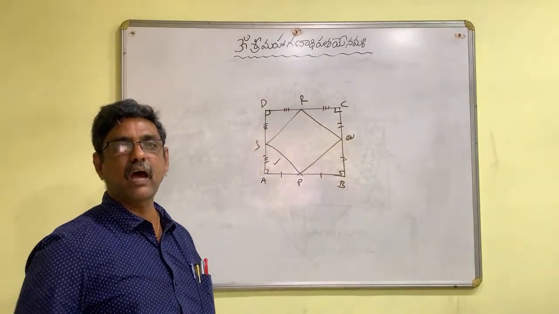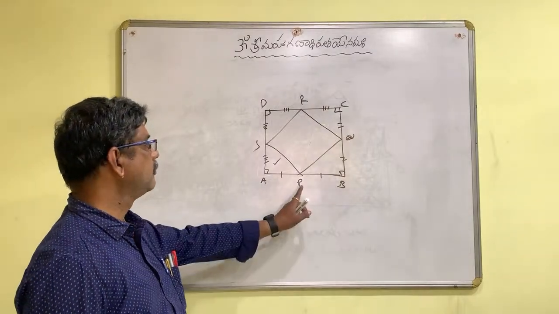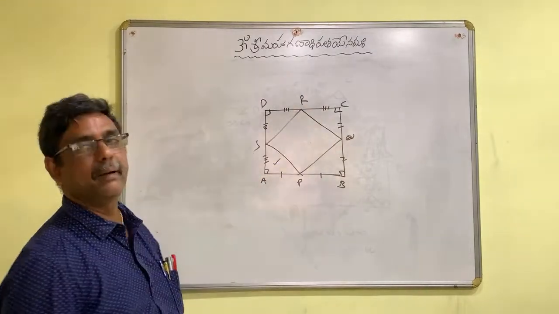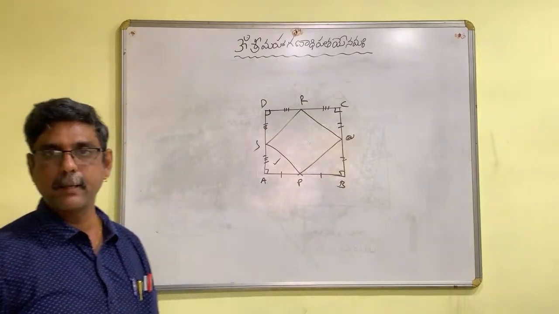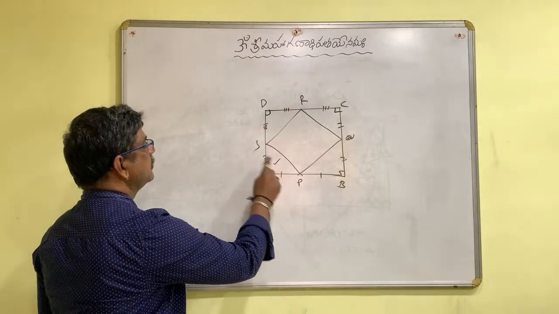We know that in a square all sides are equal and all angles are equal. Moreover, P, Q, R, S are the midpoints of all four sides. Now my question is, what type of triangle is this?